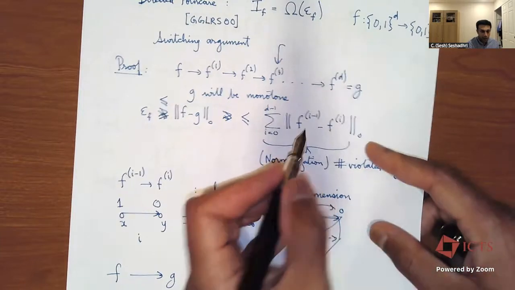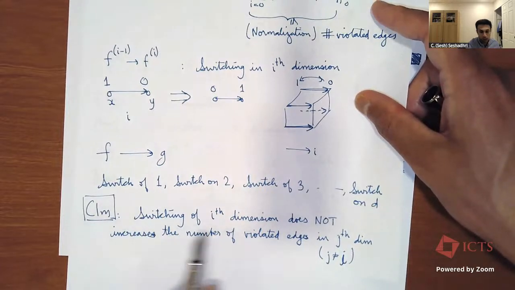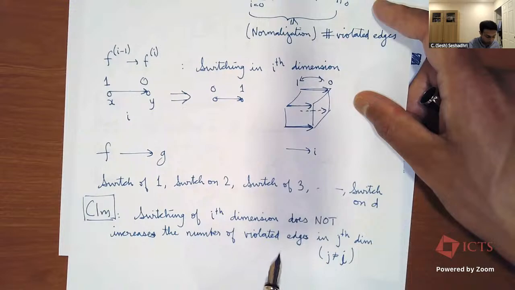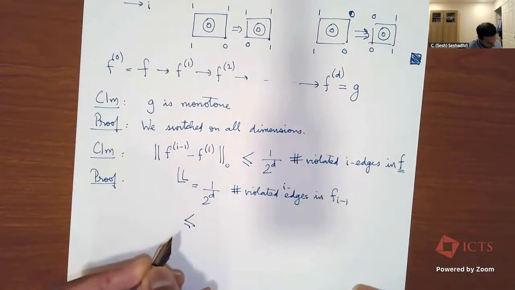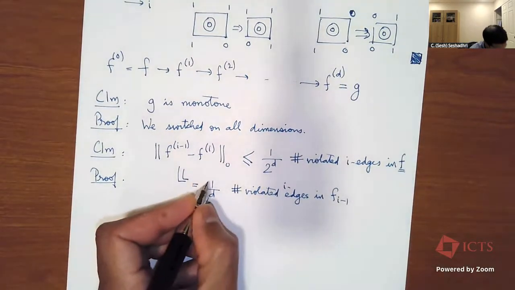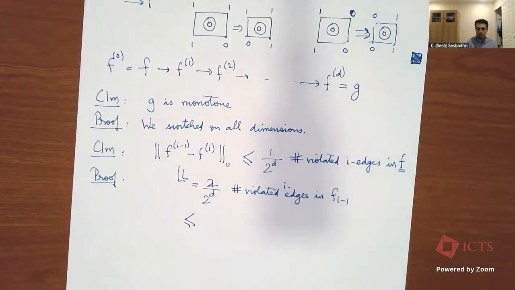But Fi minus 1 was obtained by switching on multiple dimensions, and switching never increases the number of violations in a new dimension. And so this should be times 2, because you mean the changes on both ends, correct? Yeah, times 2.